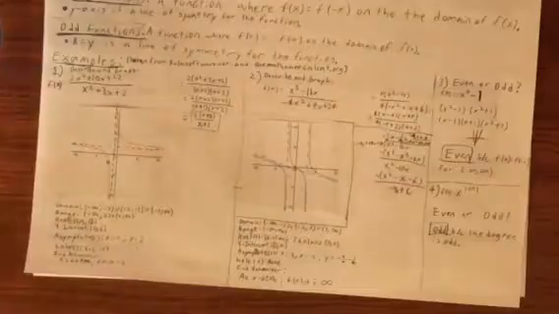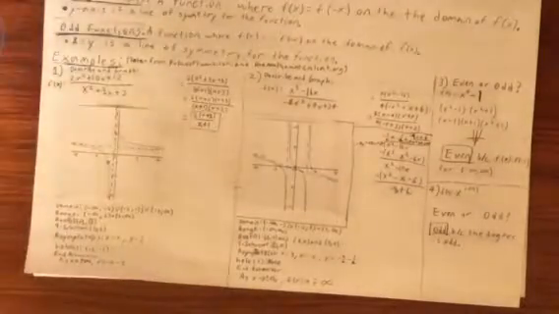Here are a couple of examples where you put all the previously mentioned methods and ideas to practice. In this example, you got a vertical asymptote, a horizontal asymptote.